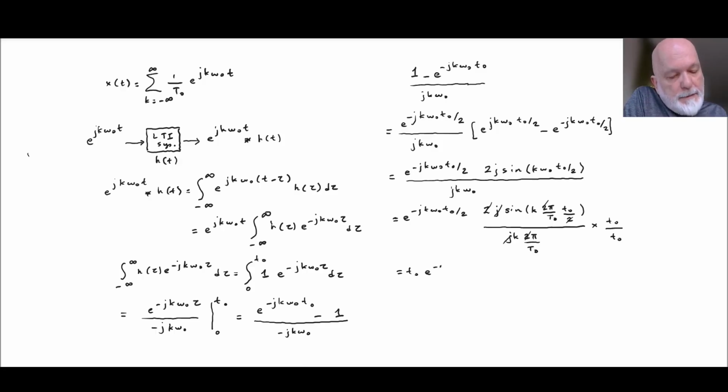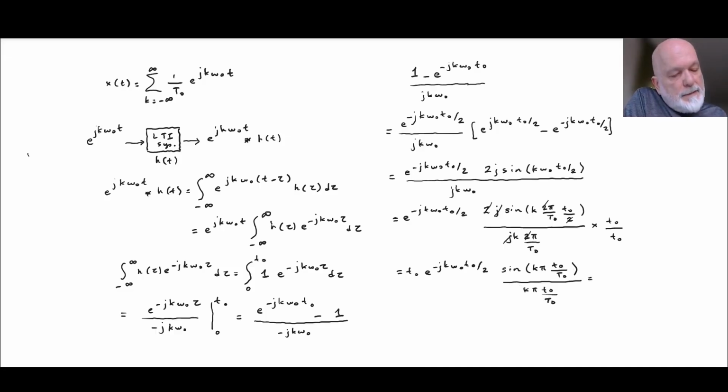t0 e to minus jk omega 0 t0 over 2, and we have sine k pi t0 over capital T0 divided by k pi t0 over capital T0. So we recognize this as the sinc function, in fact.